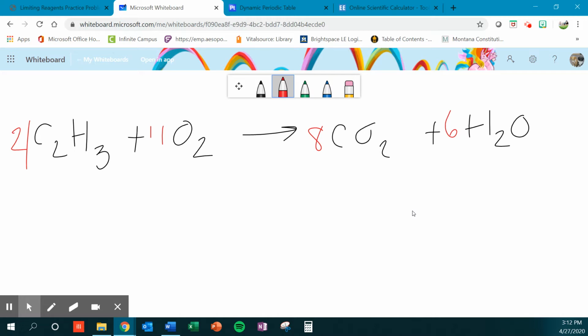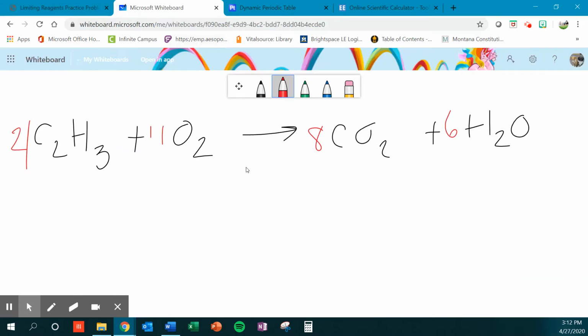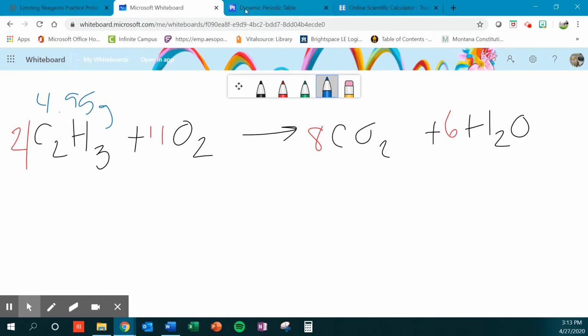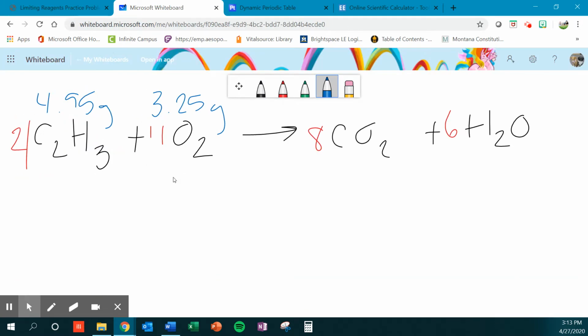Next, what we would do is look at what we have for our reactants. It's saying we have 4.95 grams of ethylene and 3.25 grams of oxygen. Ultimately, it's asking us which one is the limiting reactant, which one will run out first based off the stoichiometry.